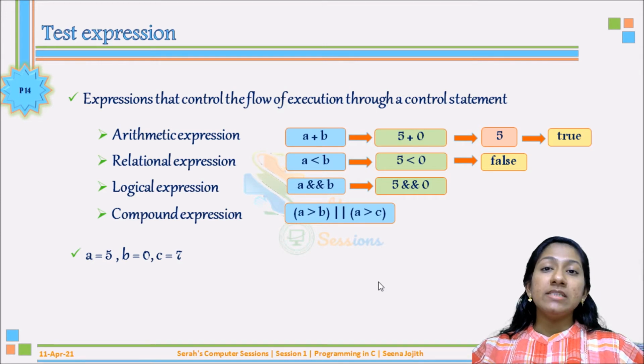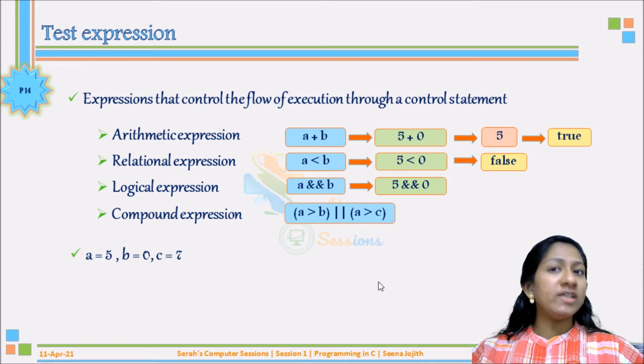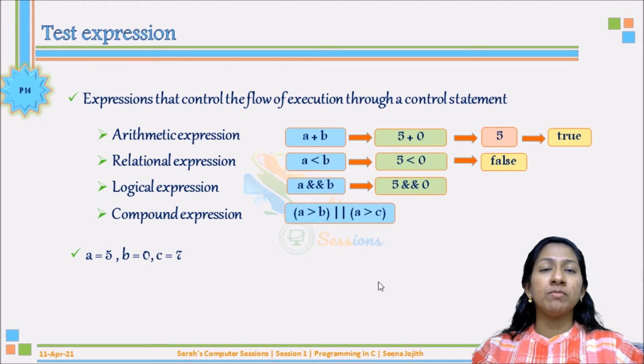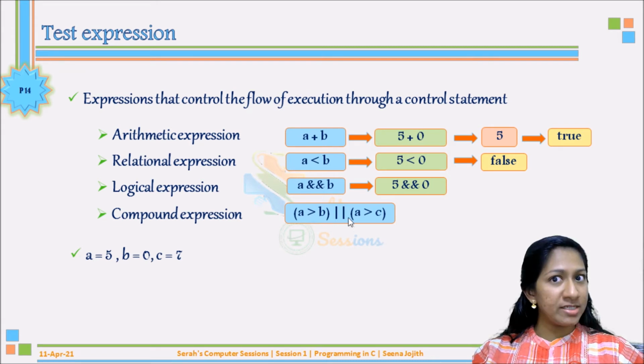I know that I've not taken sessions on operators as such, just because it's easy and most of you know about that, so I skipped those, but I will be taking it sometime later. For now, just understand that logical AND is represented using double ampersand and logical OR is represented using this operator here.